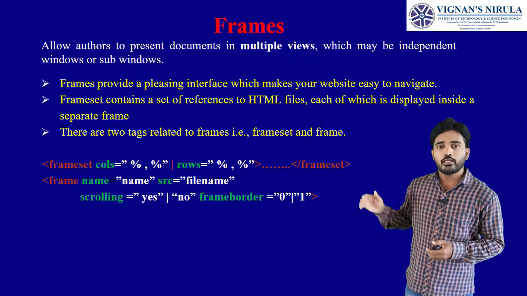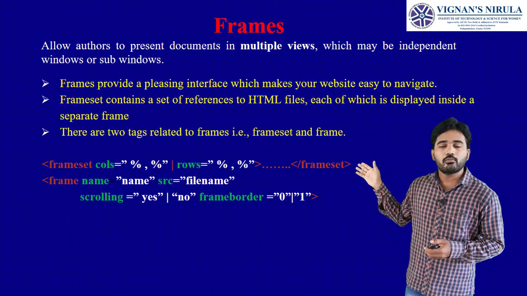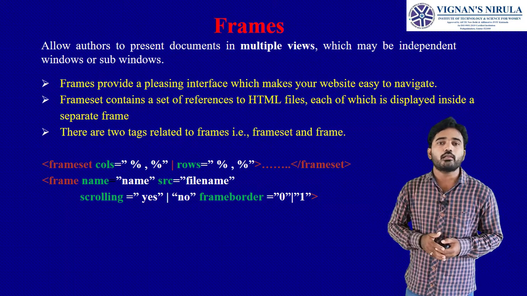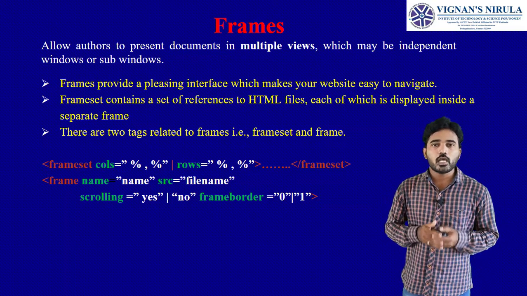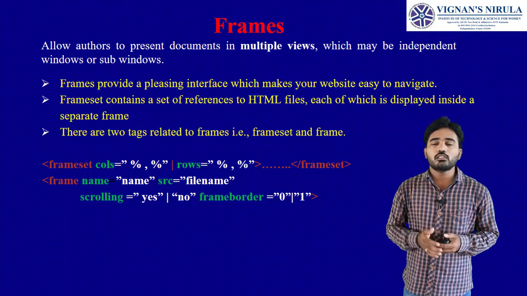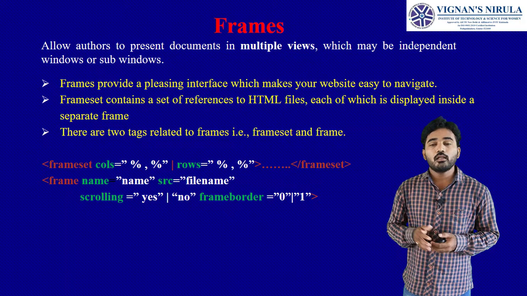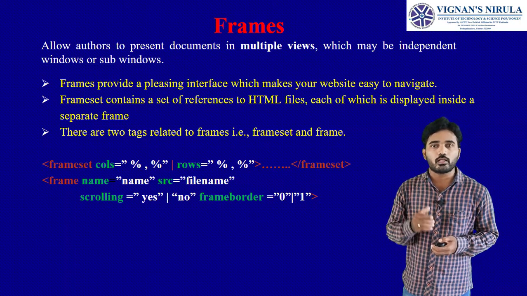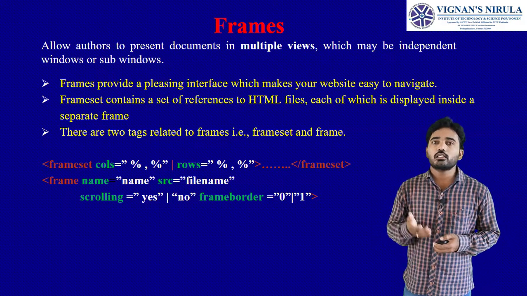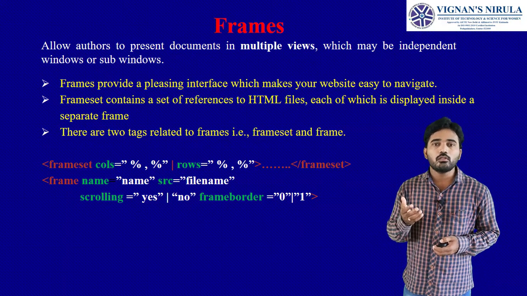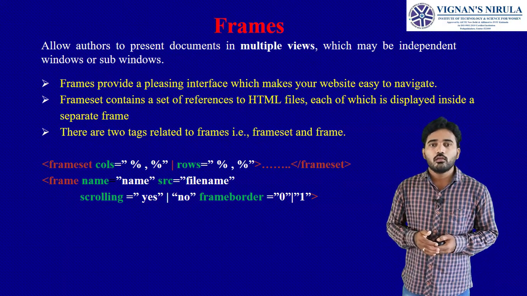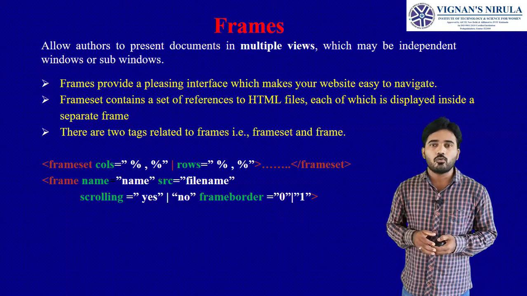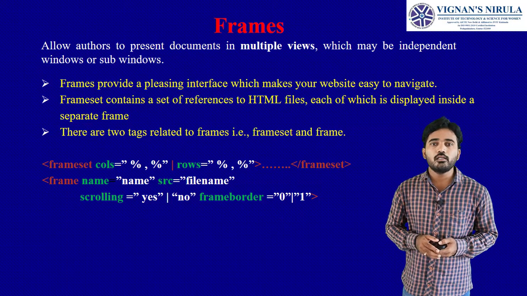Then here we have used a frame tag where we have used attributes like name, src, scrolling equal to yes or no, and with frameborder, you may use a value like 0 or 1. Now we will discuss in detail the attributes to be used regarding these 2 tags, that is the frameset tag and the frame tag.